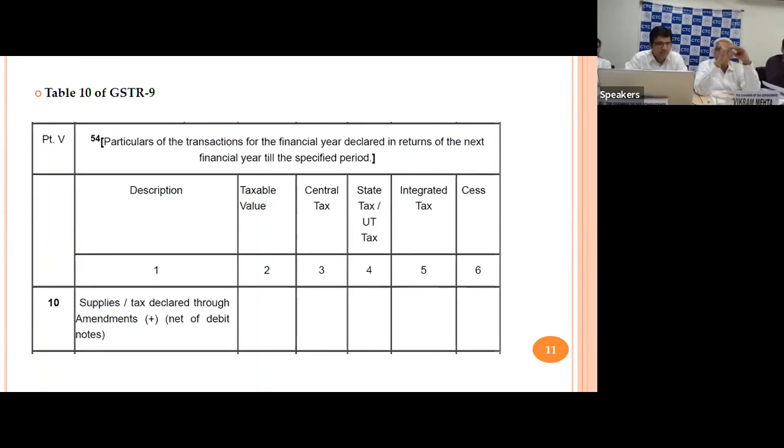But the thing is that the turnover in 3B does not give any bifurcation vis-a-vis period. Whether the turnover of this month is shown in December, because he is fair enough and a good taxpayer, he is giving you the actual thing. Otherwise, the same turnover can be included in April to October, and then the December turnover is the differential which has been left out between April to September.